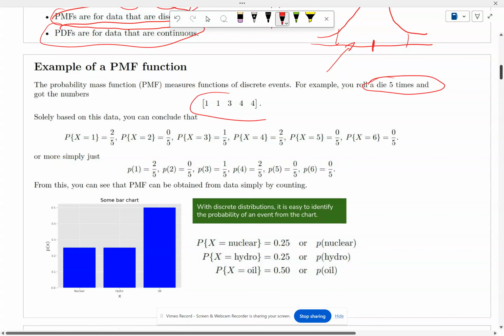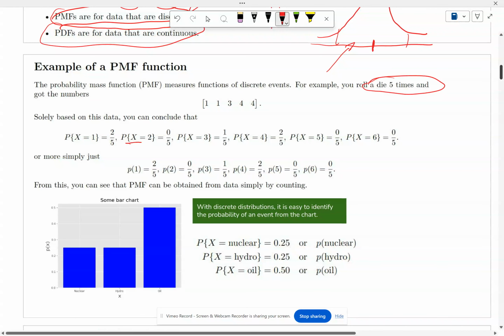Now, based on this result, you can use the data and come up with your own probability mass function. The probability that x is equal to 1: when you roll a die, the probability you get a 1 is 2 out of 5, because there are 2 out of 5 total events.